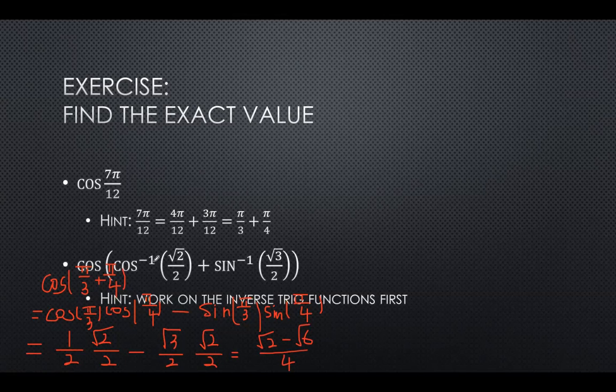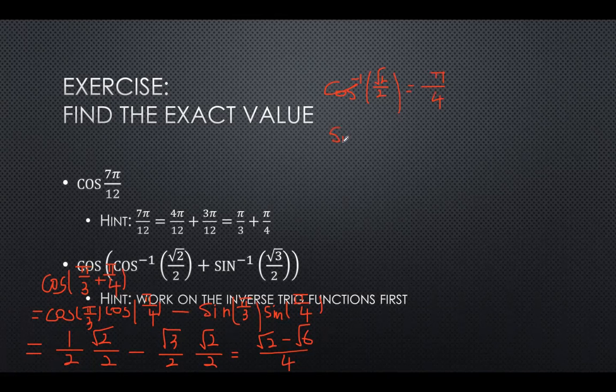Okay. So for the next one, you have cosine inverse of radical 2 over 2 plus sine inverse of radical 3 over 2. The hint here is to work on the inverse functions first. So cosine inverse of radical 2 over 2. You can use your table, your calculator, or your unit circle to find that the cosine inverse of radical 2 over 2 is pi over 4.